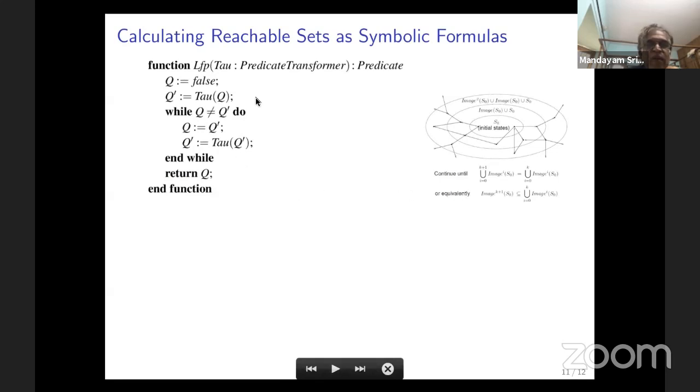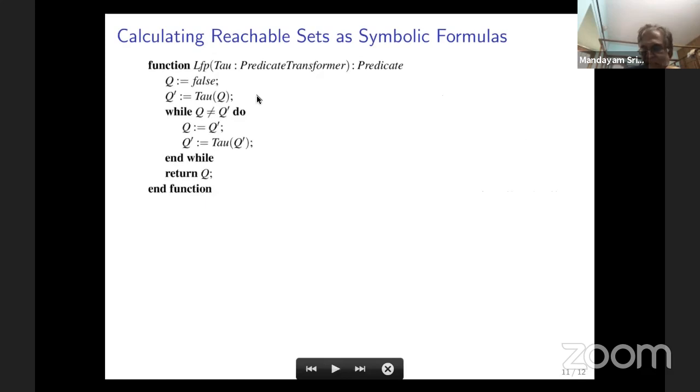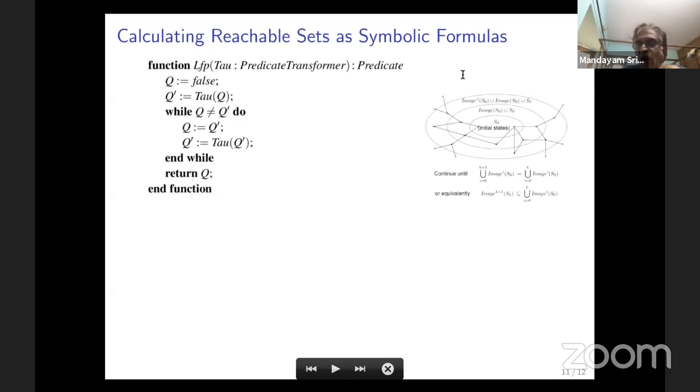So here, this process of accumulating, you're adding some things, some state. Each state can be, if you view each iteration's set of states as being represented as a formula, then what is each step doing?